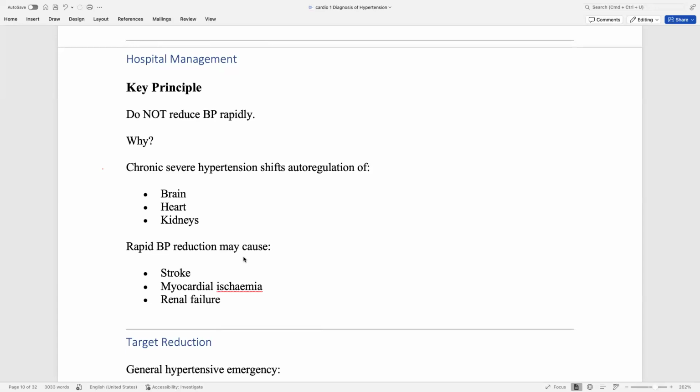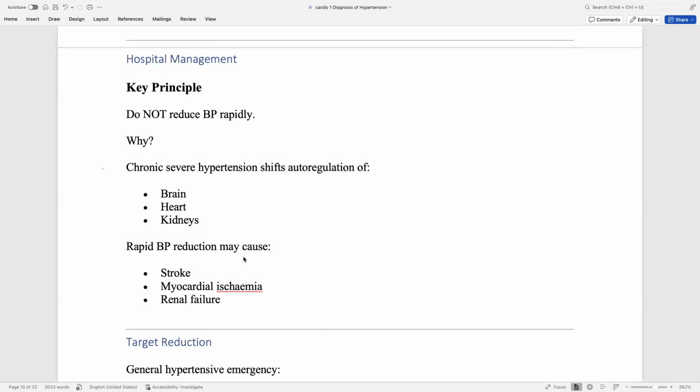The approach is to reduce the blood pressure gradually, not rapidly. Why? Because if there is accelerated or malignant hypertension or end organ damage, the patient is already adapted, the body has set its organs to the high blood pressure.